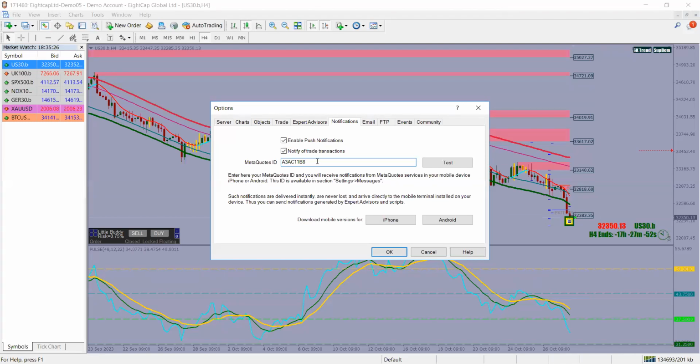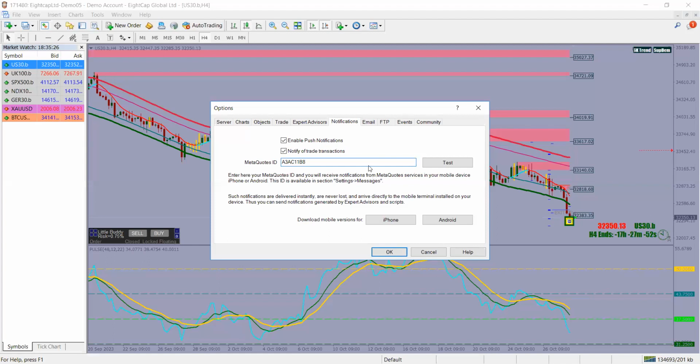So this is when you would go to your phone on your MT4. Enter your MetaQuotes ID and you will receive notifications from MetaQuotes servers on your mobile device, iPhone or Android. Such notifications are delivered instantly, are never lost, and arrive directly to your mobile in a terminal installed on your device.